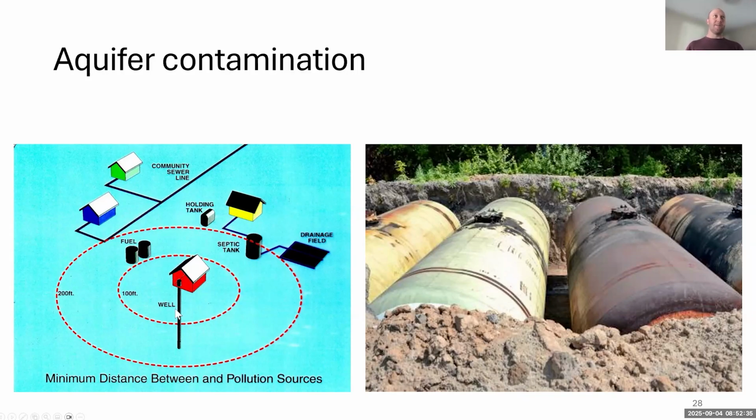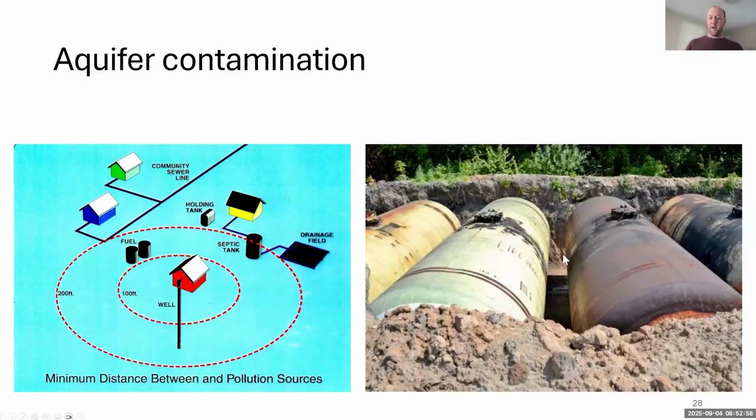Maybe you might hear that term on occasion. Potential sources of contamination. So there are things like fuel tanks, all different kinds of tanks, a sewer line, a septic tank, a drain field for a septic system. All of these can create contamination for your well, for that aquifer.